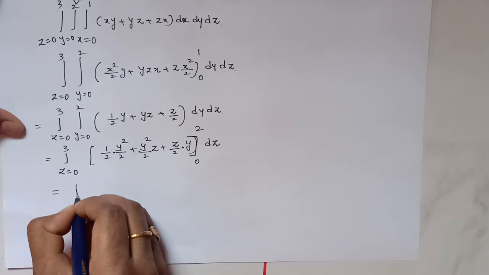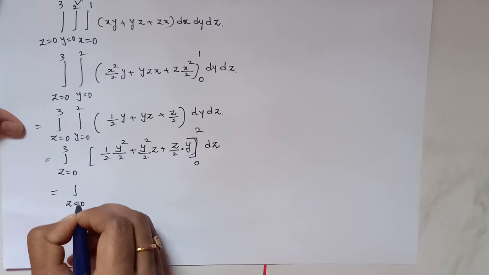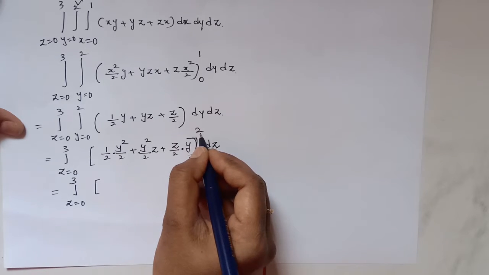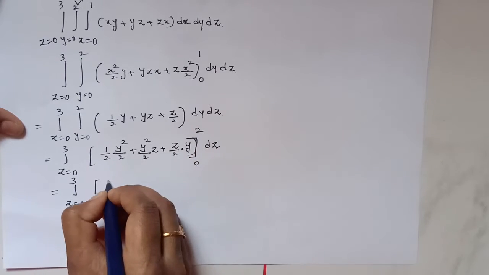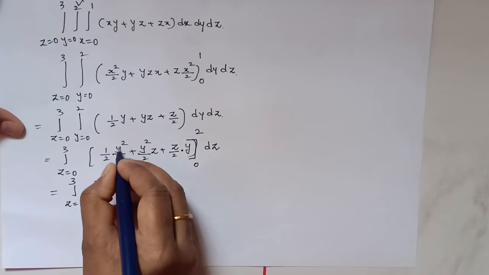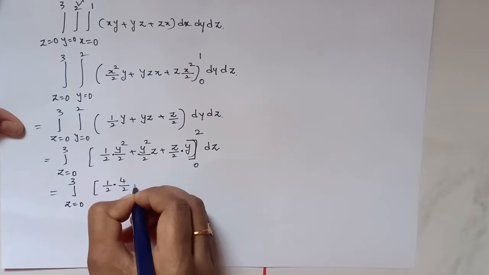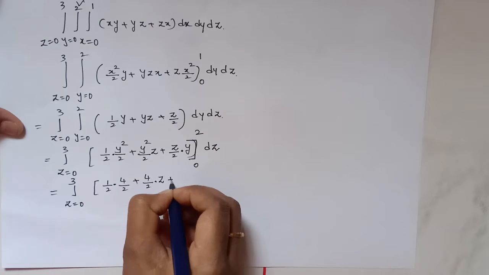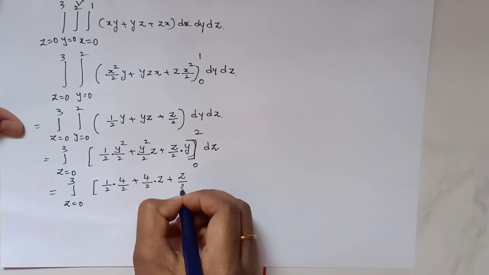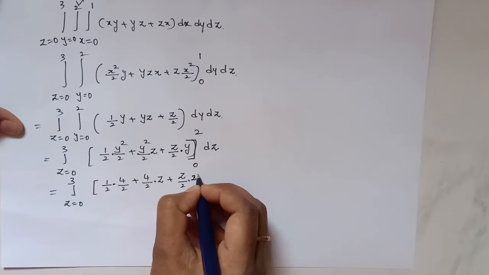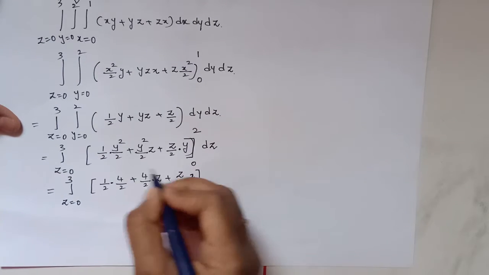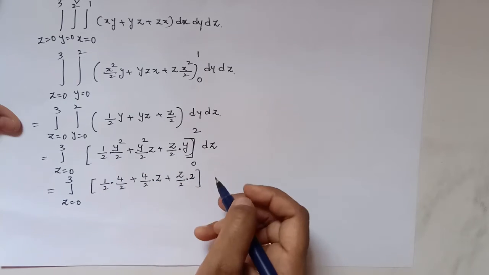This is equal to the integral z from 0 to 3. Here the upper limit of y is 2: 1 by 2 into 2 squared, which is 4 by 2, plus 2 squared, which is 4 by 2, into z, plus z by 2 into 2. For the lower limit we will get 0 only.